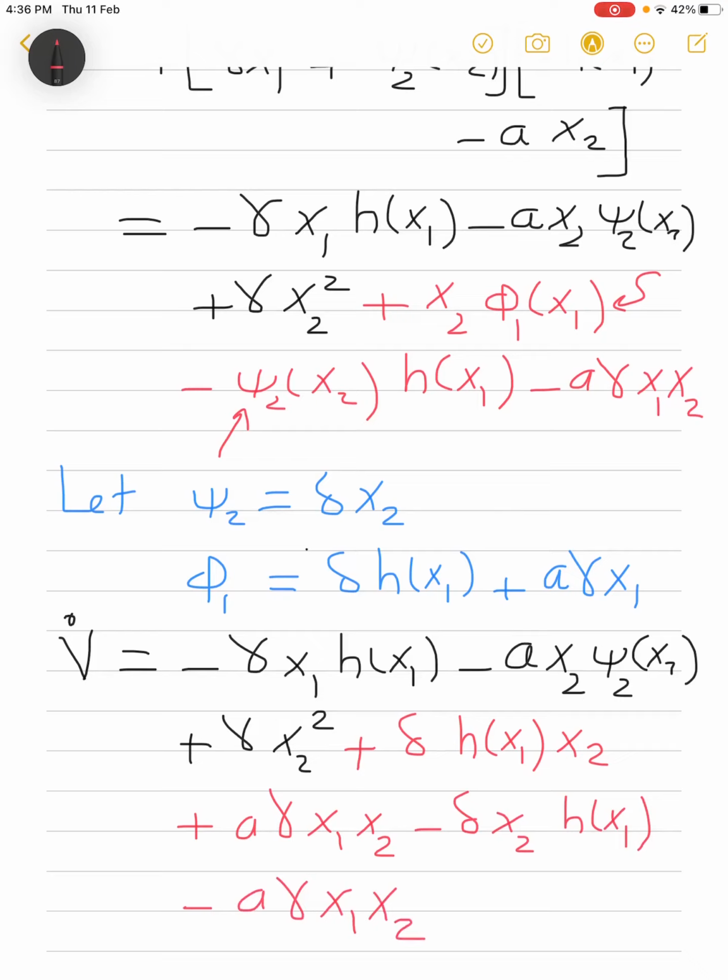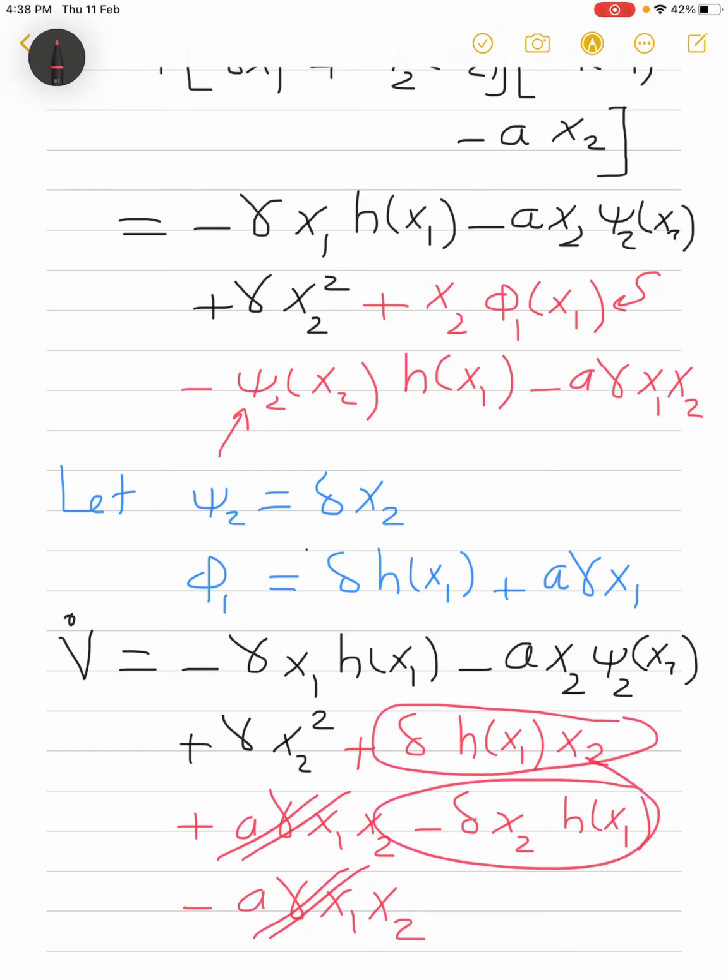So we can see here that these two terms will cancel, and also these two terms also cancel.